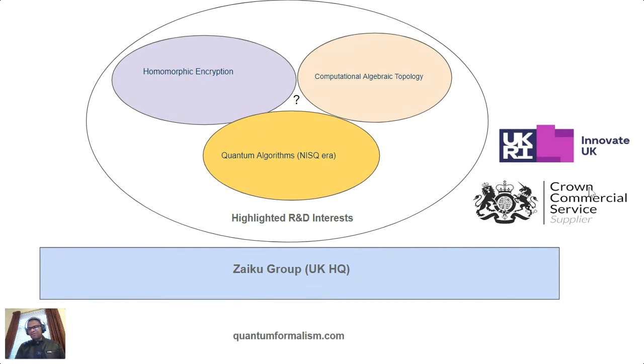So we also offer technical consulting through the UK government's Crown Commercial Service, the technical procurement framework. This actually has an impact on how we recruit, and I will go into details on that. We also have some collaboration projects through Innovate UK, the funding agency from the UK government that has been investing heavily in quantum.